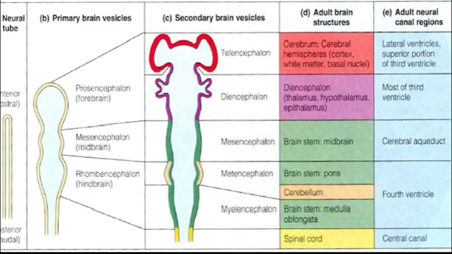So that is a diagram illustrating the differentiation of the brain from the 3 primary brain vesicles to 5 secondary brain vesicles that finally differentiate to give you the different parts of the brain.